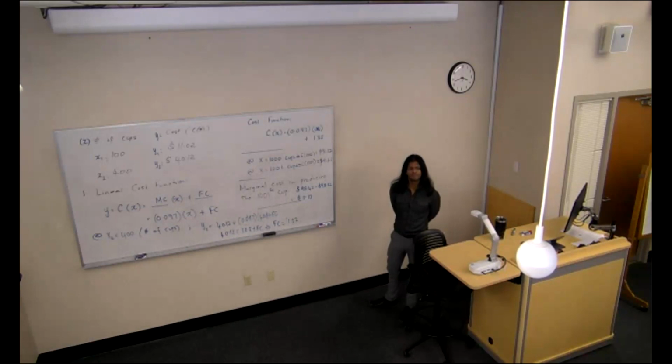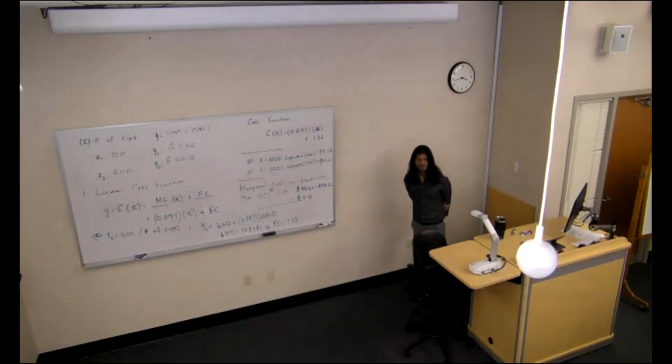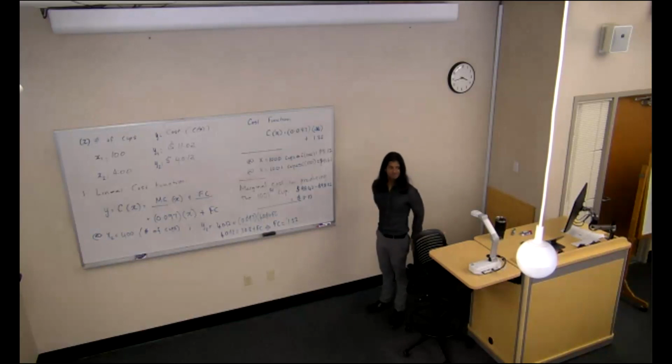Louder, what's your name? Cameron. Louder. If you take the 0.097, and once you find the 1,000 cups, to find the 1,001 cups, all you have to do is add the 0.097.